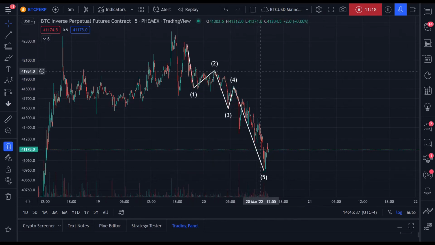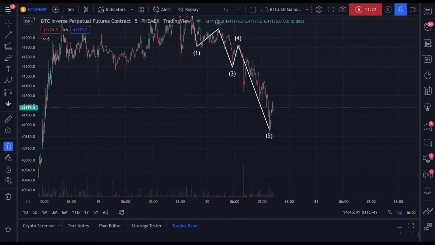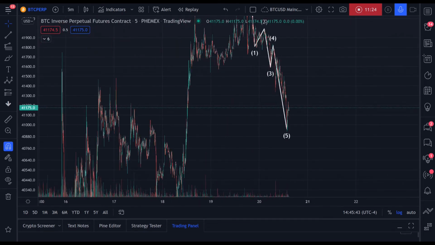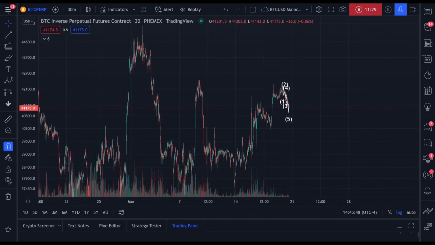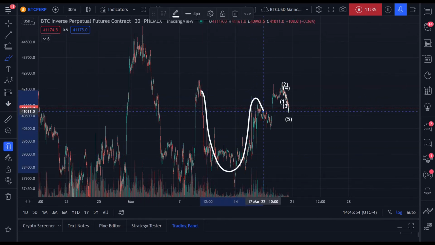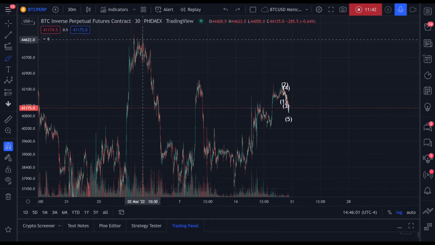I try to count 5 waves, see that minimum 2236 has been hit, and then I look for key support and resistance, okay? Obviously, we have key support. If you zoom out, we have key support here on this move, okay? You have a kind of cup and handle here that you're forming, all right? And also, remember, I didn't draw that properly, but I think I erased it already.